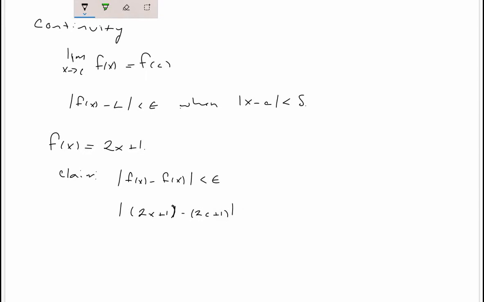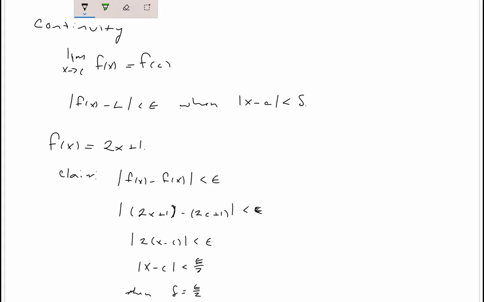And we'd like that to be less than epsilon. This simplifies to 2 times x minus c. So we could divide both sides by 2 and get the absolute value of x minus c less than epsilon over 2. So the delta that we want will be delta equals epsilon over 2.